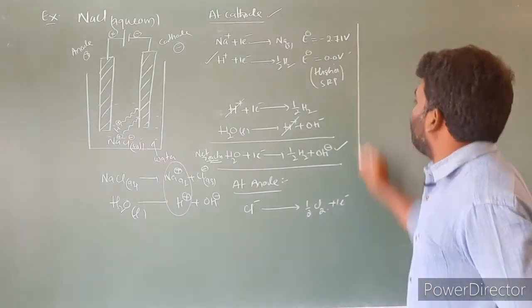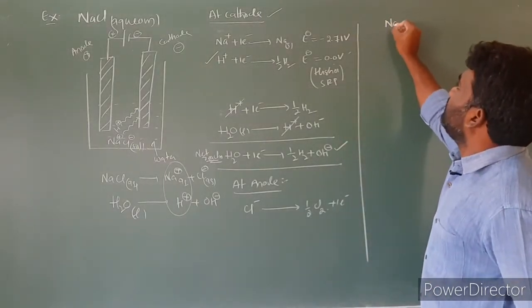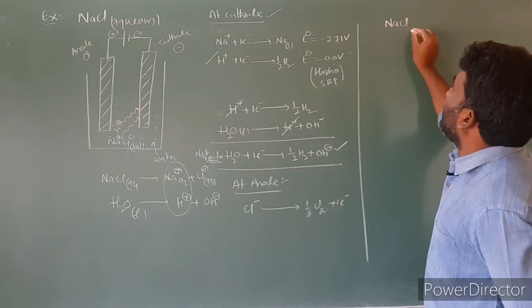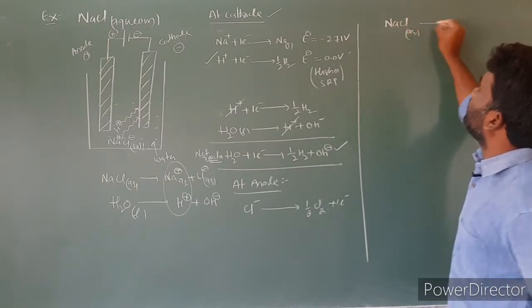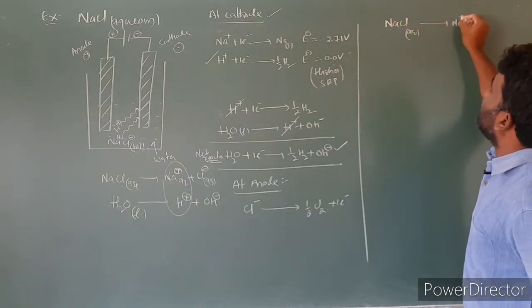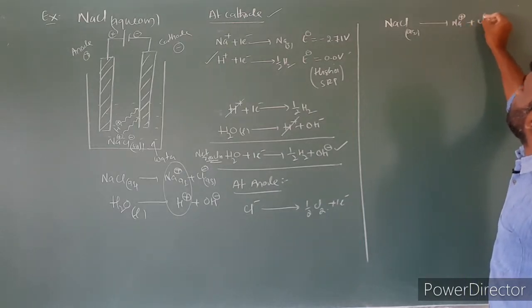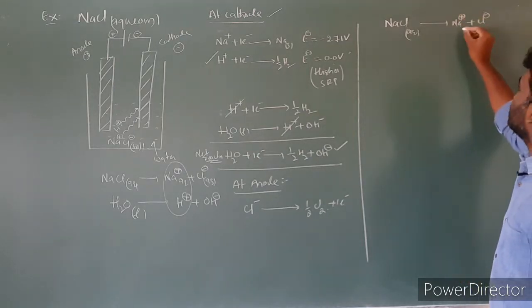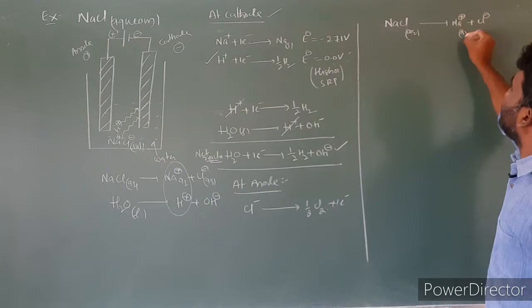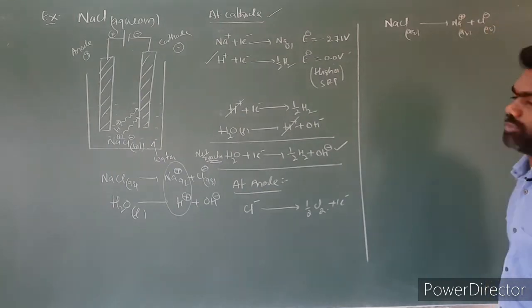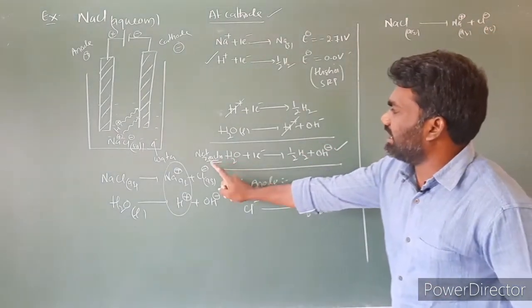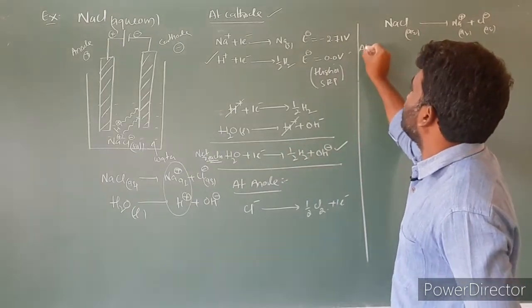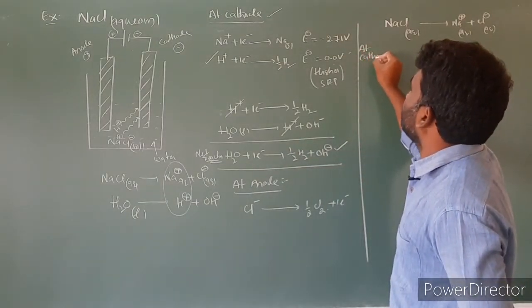And the net overall reaction, how to take it? NaCl in aqueous state gives rise to Na plus ions plus Cl minus ions. This is in aqueous medium, this is also in aqueous medium. First we can write the reaction at the cathode.